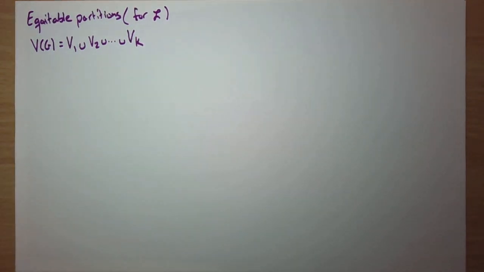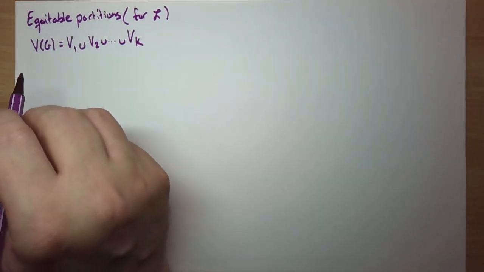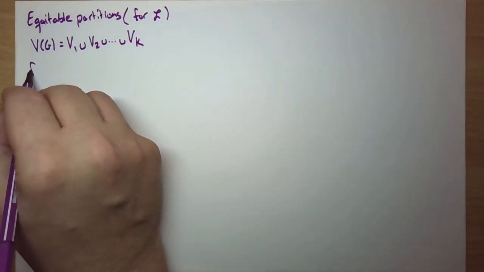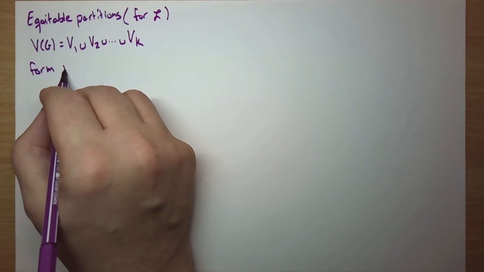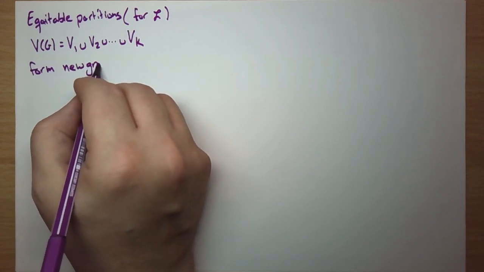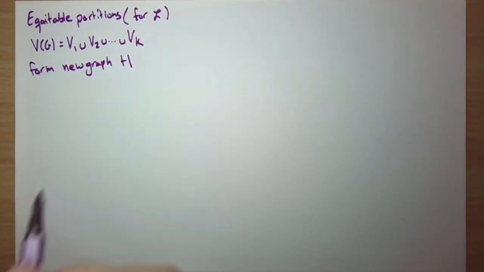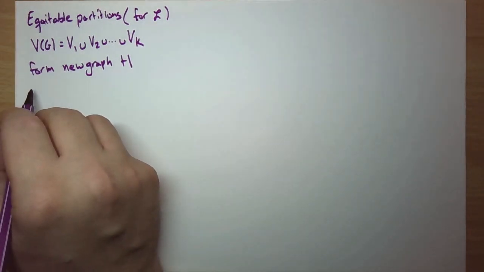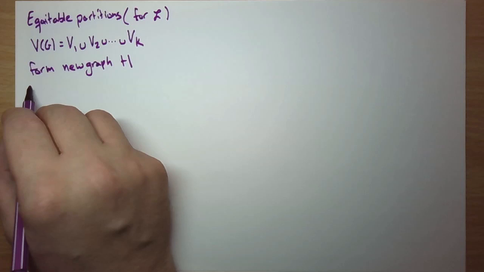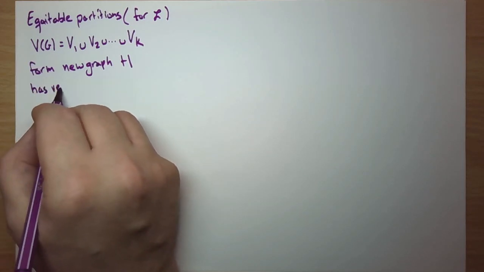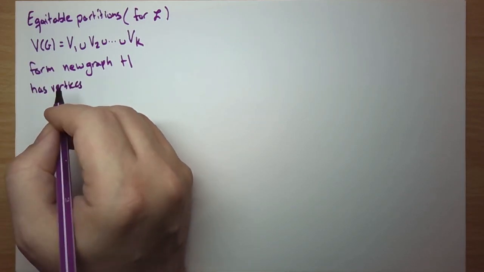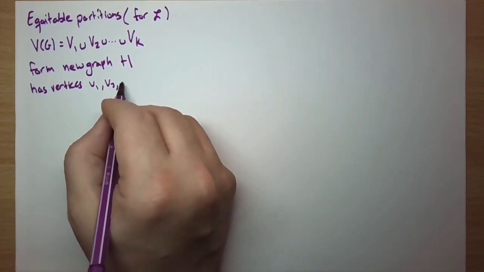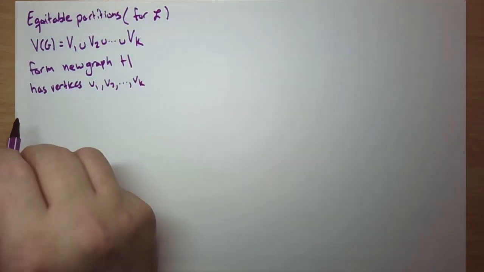And what do we do? Well, now we have to talk about the weight. So we're going to form a new graph, H. And this is going to be an undirected graph where it has vertices V1, V2, up to Vk.